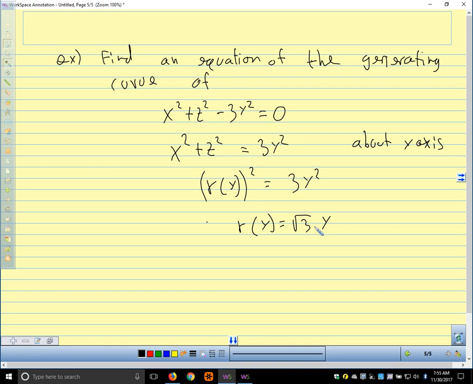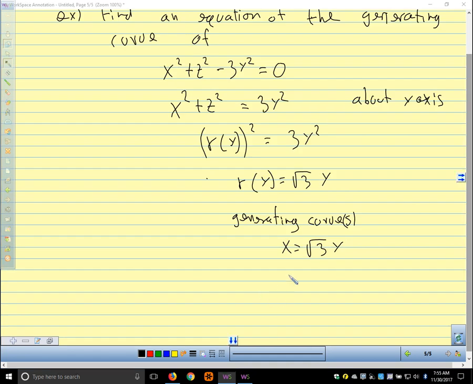What would be our generating curve? x equals the square root of 3y, or z equals the square root of 3y.